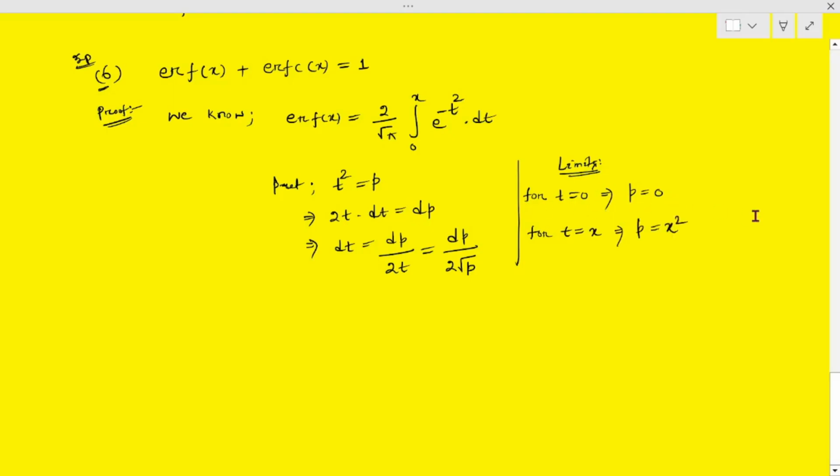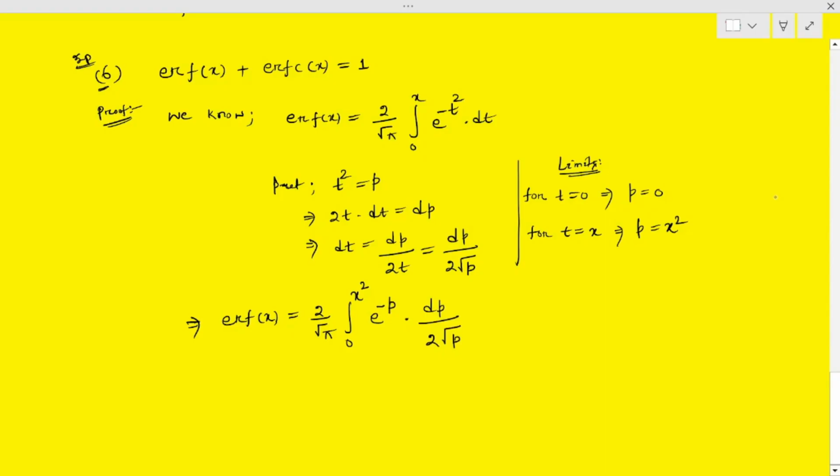Now the above integral will be: error function of x will be equal to 2 by root pi, integration limit 0 to x square, this e to the power minus t square we consider as p, so e to the minus p, and dt we found dp by 2 root over of p.